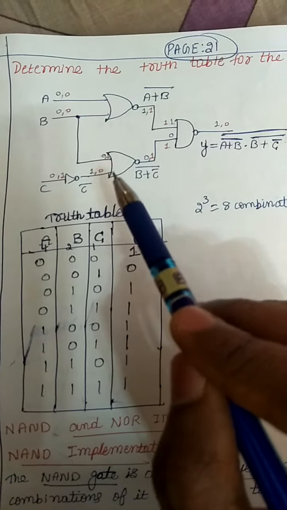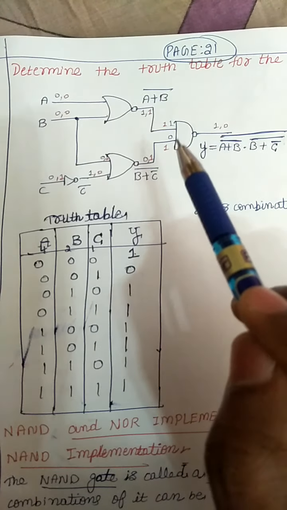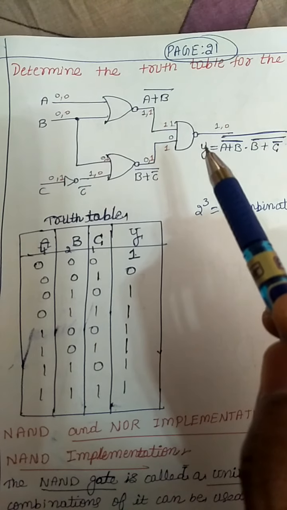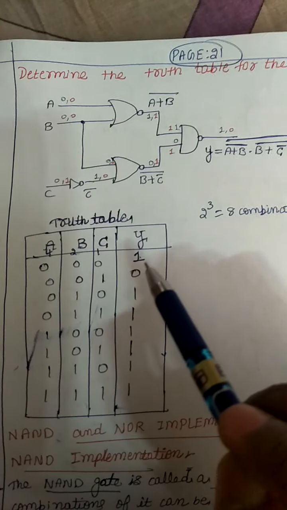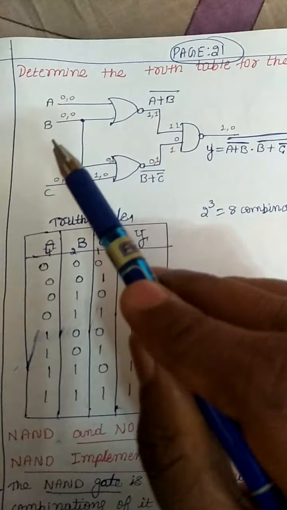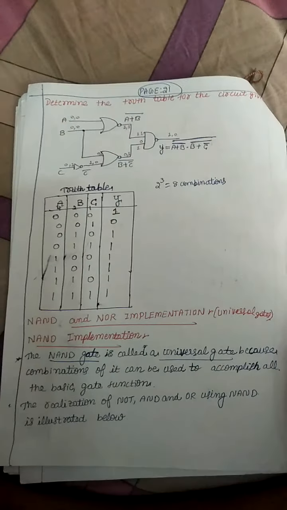So here you have a NOR gate, 0 plus 0, 0, complement 1. This one you will get here, 1, 1. The NAND gate you have here, so it will become 1 into 1, 1, complement 0. The output is 0. Like that you have to keep on applying all the inputs for this circuit diagram. You will get this truth table.